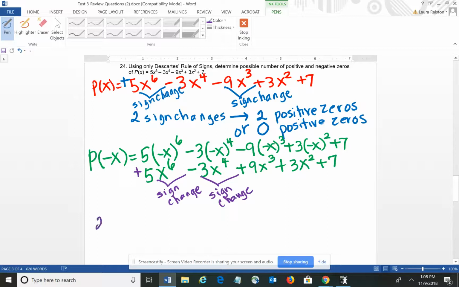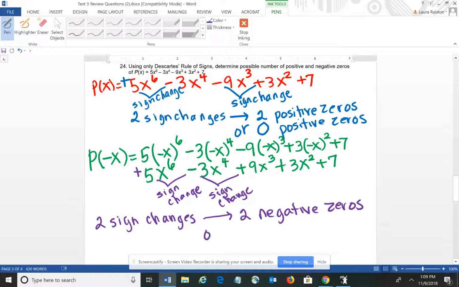So again, we have 2 sign changes. So in this particular scenario, we would have 2 negative zeros, or again, remember to subtract 2, 0 negative zeros.